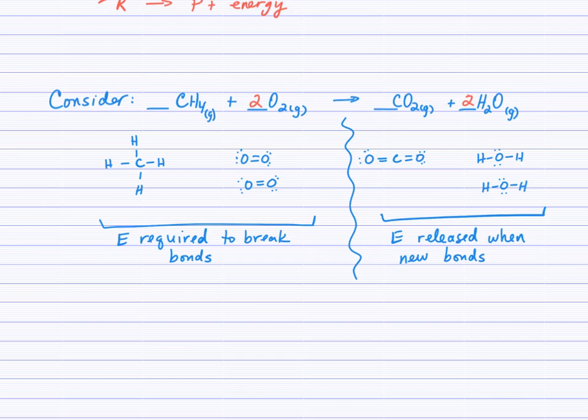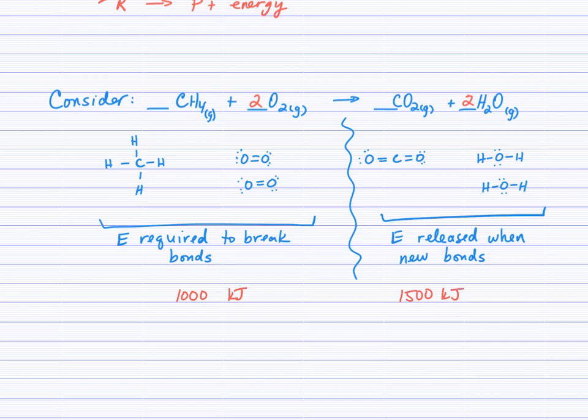And so if I were to just peg, like totally made up numbers just to help you understand this concept, let's say that 1,000 kilojoules of energy is required to break the bonds in those molecules. And on the right side, let's say that 1,500 kilojoules of energy is released.